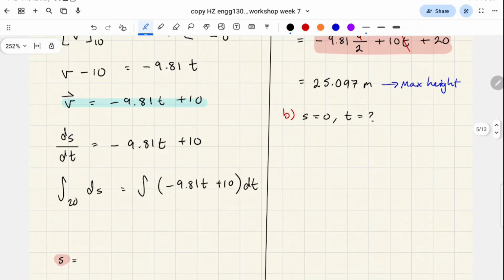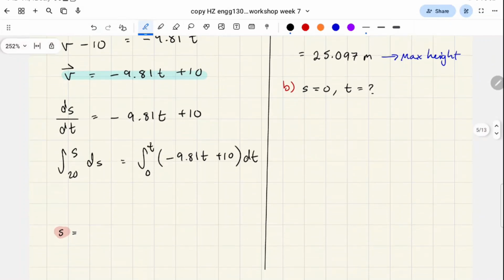Okay, so we chuck in 20, and then again, we're going to set the upper bound of that integral as an unknown that is variable. So this will give us our function, right? And then again, the initial time is 0, and we're solving for our unknown time, right?